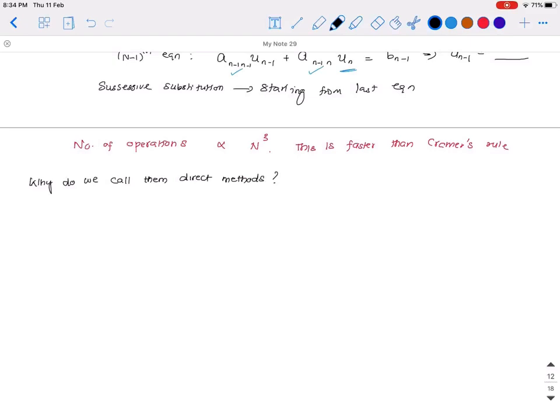The reason is that once the system of linear algebraic equations is given, we obtain the solution by performing a series of arithmetic operations in a countably finite number of operations.